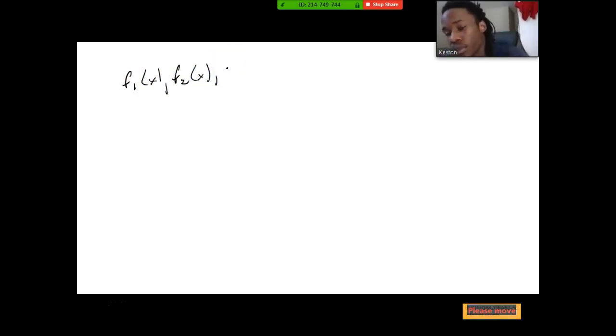So here's a set of functions: F1 of x, F sub 2 of x, F sub 3 of x, and it'll go on up to and including F sub n of x.